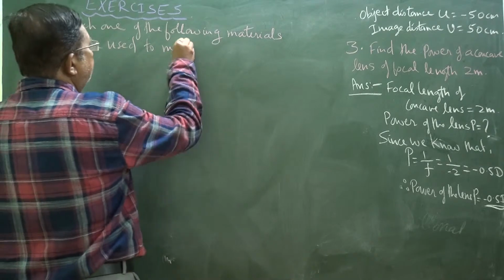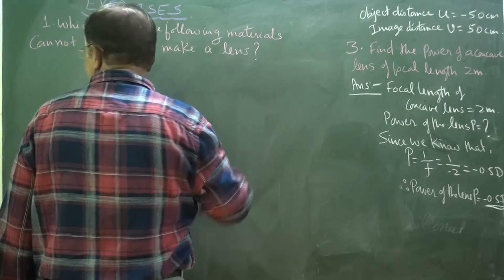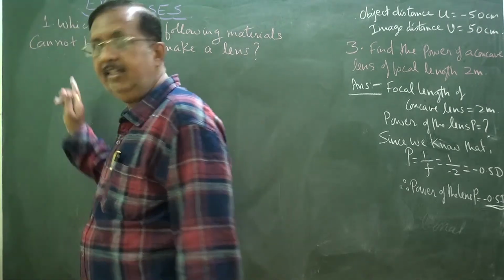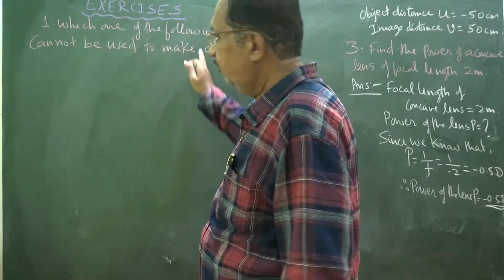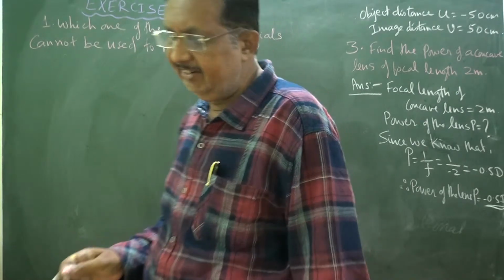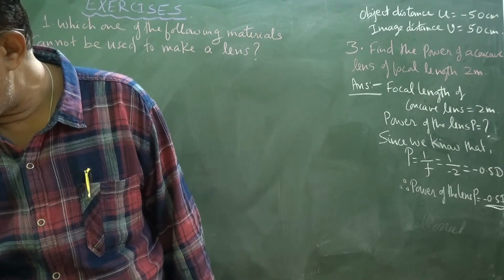So which material are we not using to make the lens? Okay, children. Here 4 options have been given. So we will mark the correct option only.